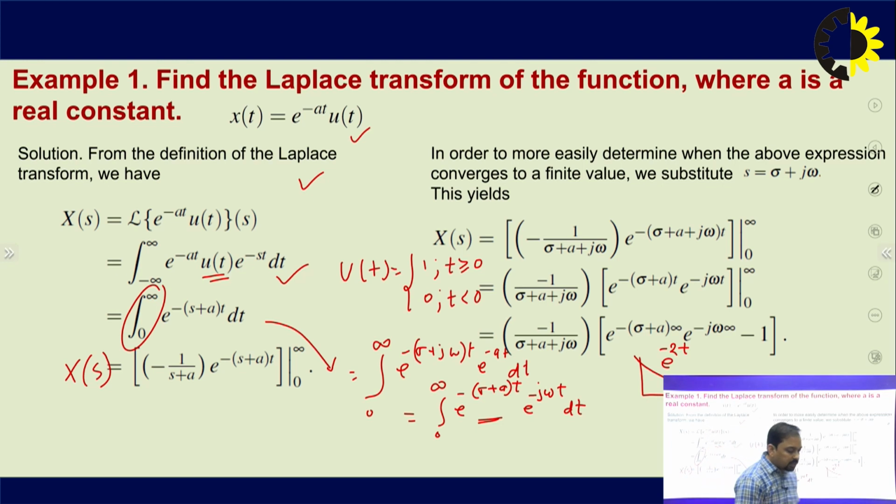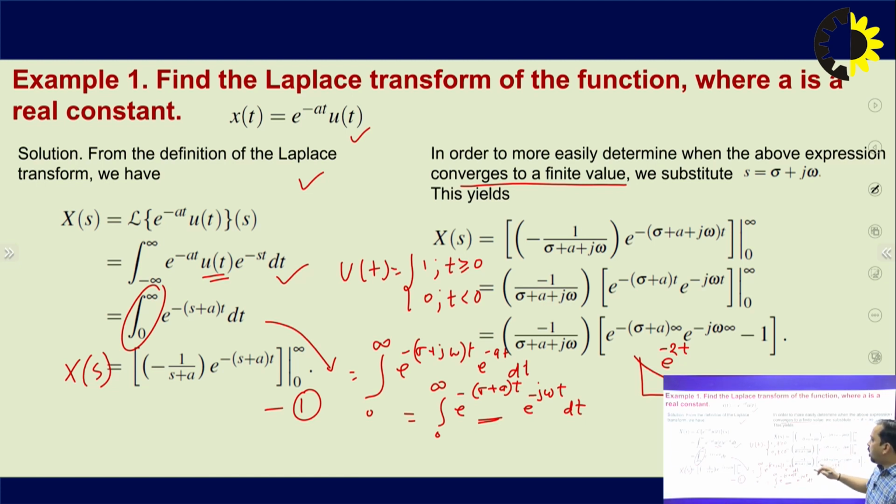We can see this in another way. In order to more easily determine when the above expression converges to a finite value, we substitute s equal to σ plus jω, as we also did here. So in equation number 1, we put s equal to σ plus jω and solve this.